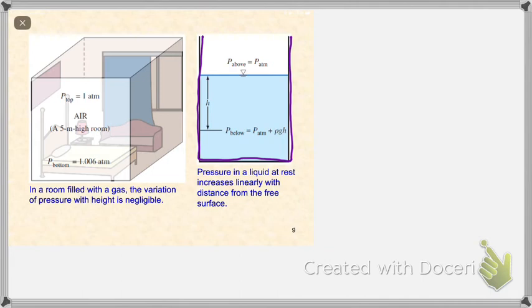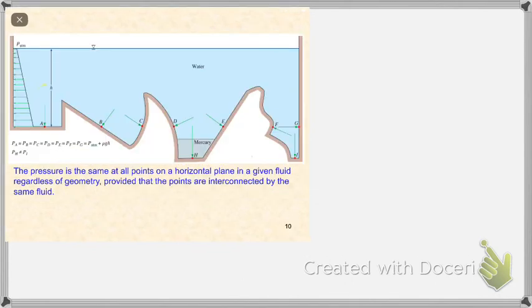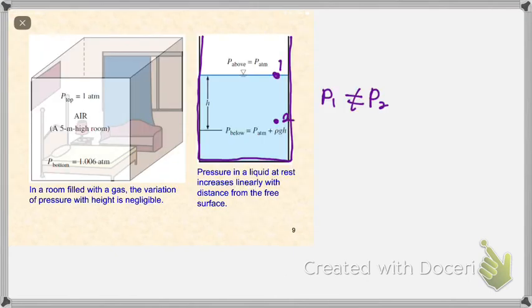The pressure at this point here would be different from the pressure below. If this is point 1, here is point 2, P1 is not equal to P2. This is the concept that we have done just now, where P equals gamma H. The liquid is the same, so you have the same density, but the H is different, so P1 is not equal to P2.